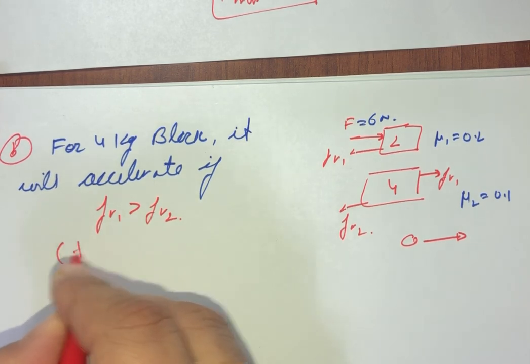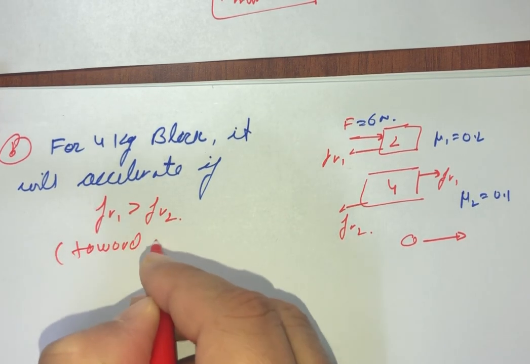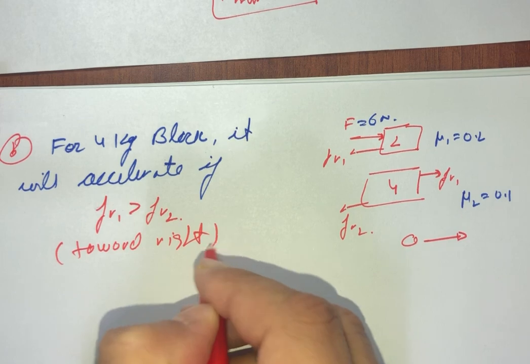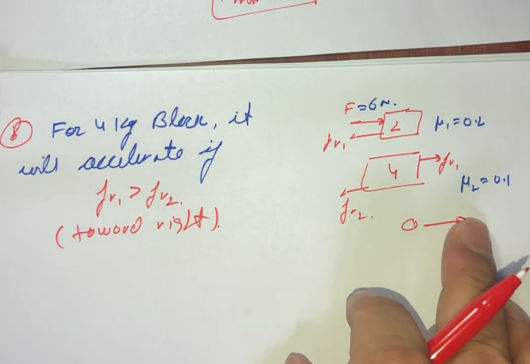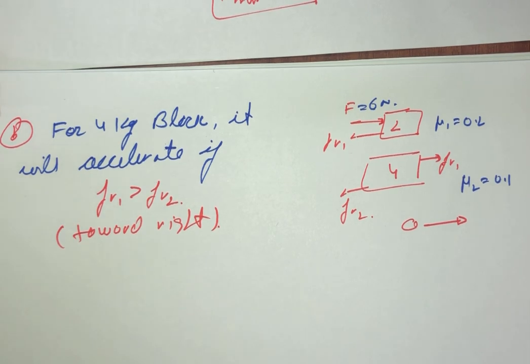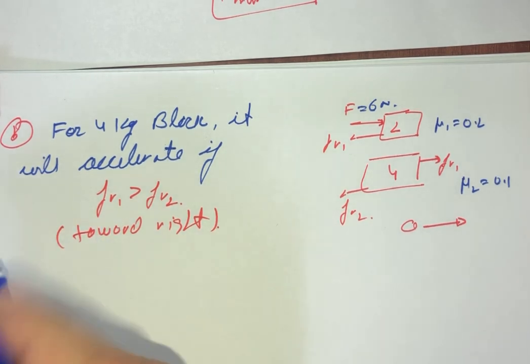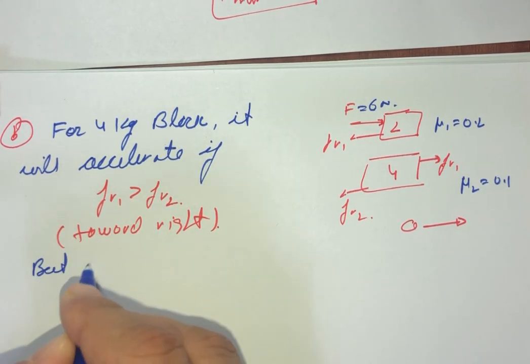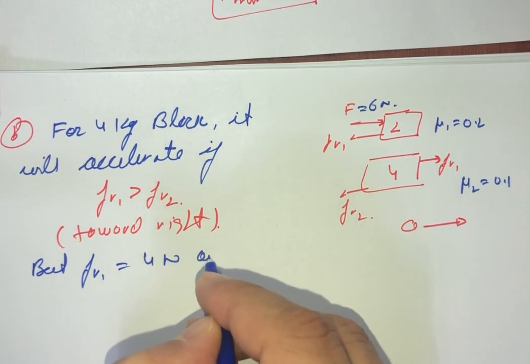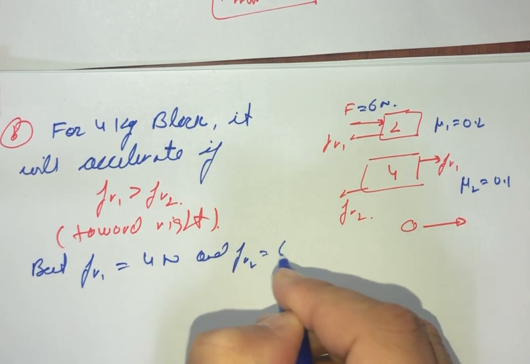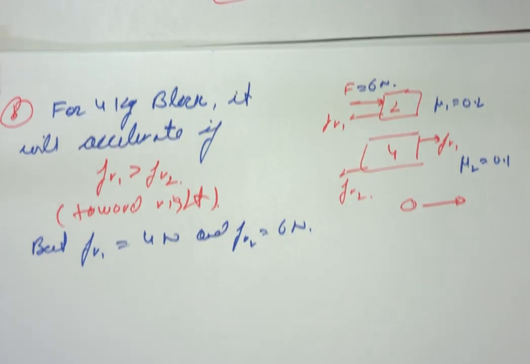So under this condition, the 4 kg block will be accelerating. But we already know that Fr1 is equal to 4 Newton and Fr2 is 6 Newtons.